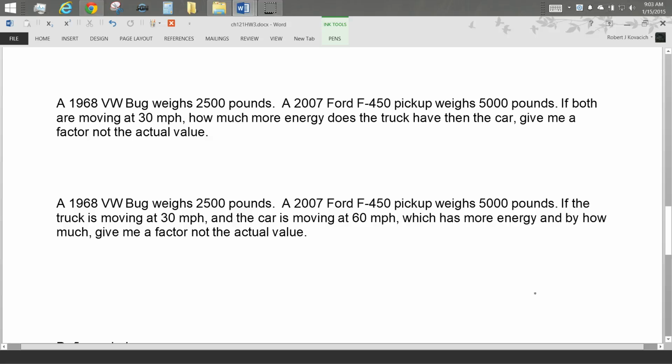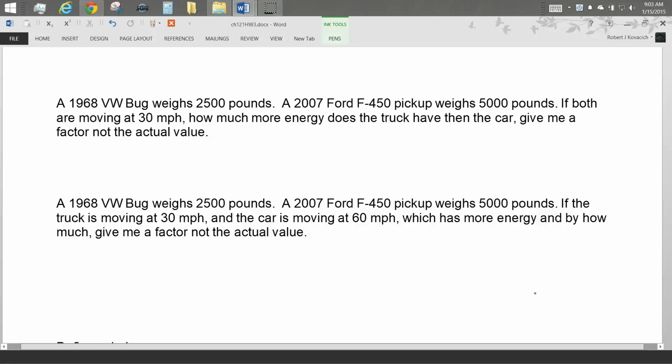So these are problems about kinetic energy. I looked up these numbers on these vehicles, and the VW Bug is about half the mass of this pickup truck. Given this first problem, the truck obviously has more energy, right?